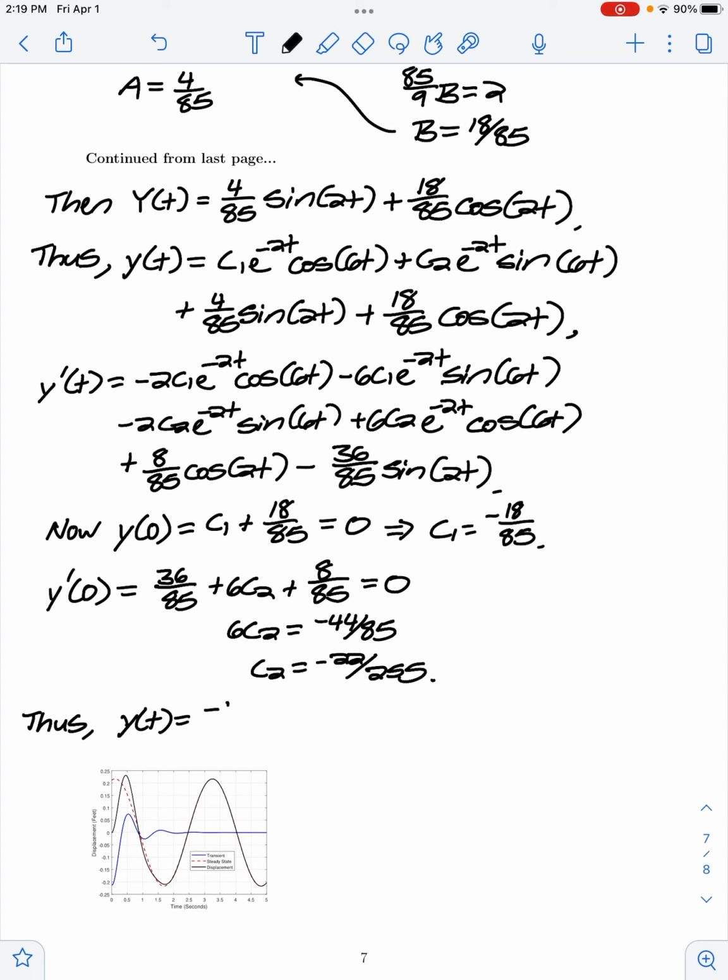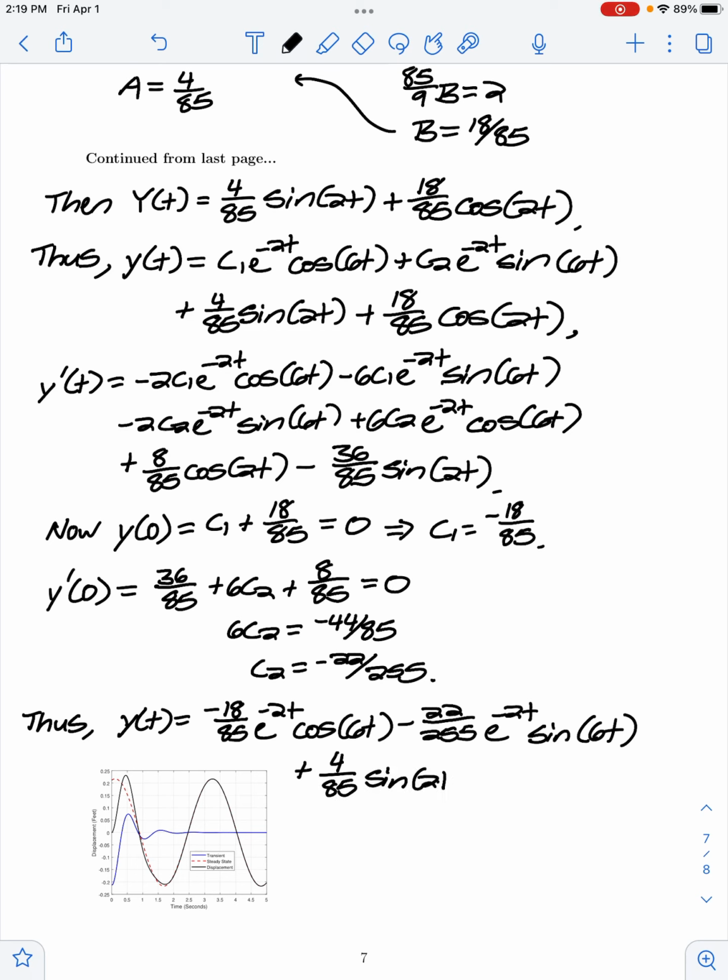So we have c1, which is negative 18 over 85, e to the negative 2t cosine of 6t, plus c2, which is negative 22 over 255, e to the negative 2t sine of 6t, plus my particular solution, which was 4 over 85 sine of 2t, plus 18 over 85 cosine of 2t.